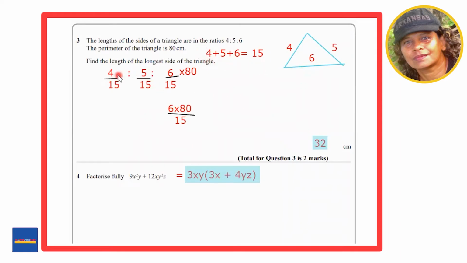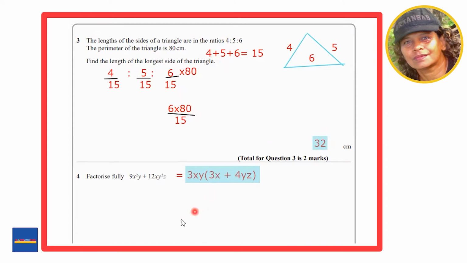So each side has a fraction of 15: 4 over 15, 5 over 15, and 6 over 15. They are asking for the length of the longest side, which is going to be 6 over 15 into 80. And when we multiply that, we get the whole number, which is 32.